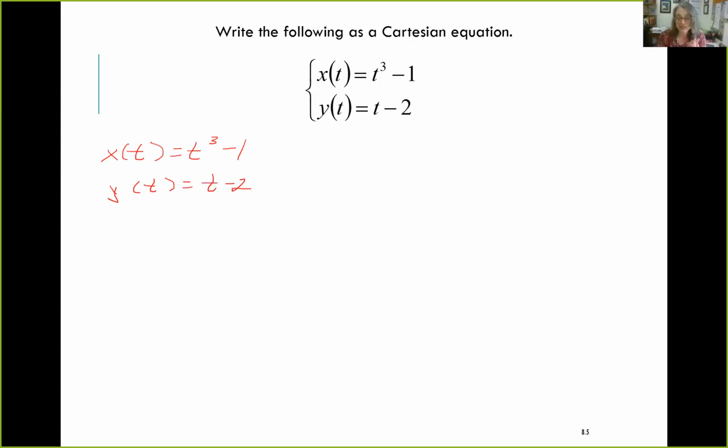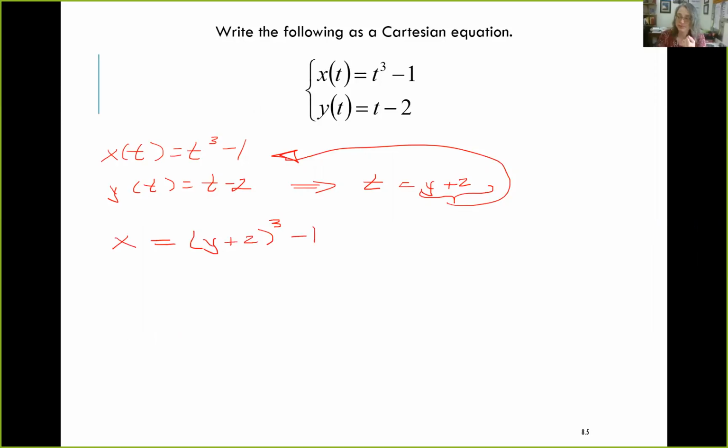Pick the easy one. So I'm going to solve the second equation and say that t equals y plus 2. Now I'm going to take this expression and plug it into my top equation everywhere I see a t. So x now is going to equal y plus 2 to the third power minus 1.